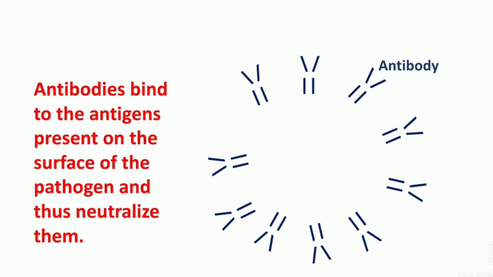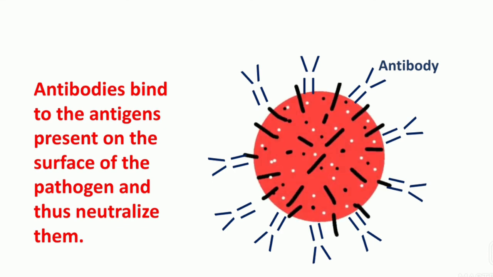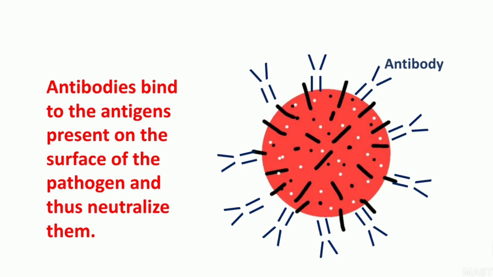Now these antibodies will then go to the site of infection and interact with the antigens on the surface of our foreign body or the pathogen, bind to them, and thus neutralize it. So this is the overview of how our immune system acts.